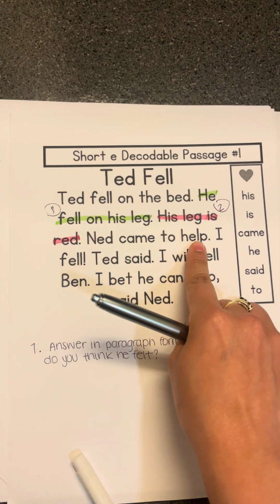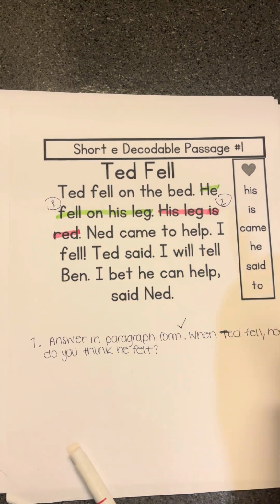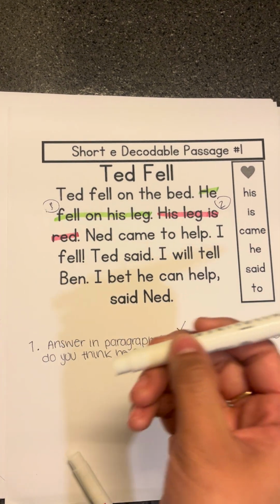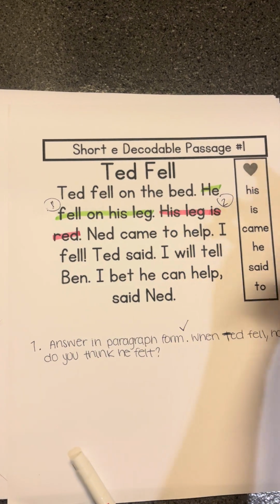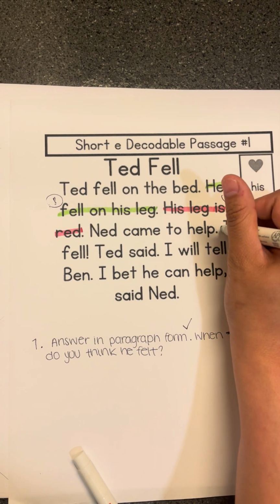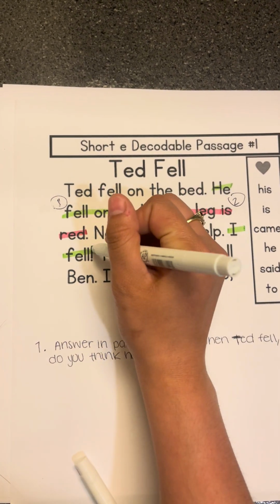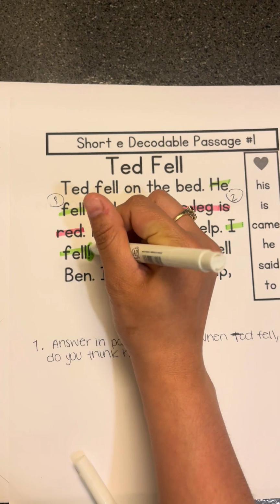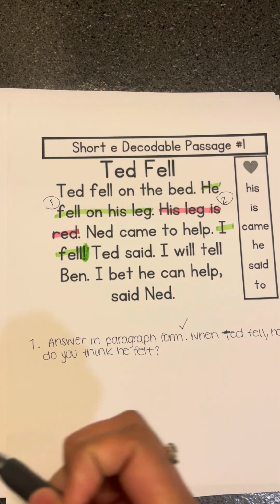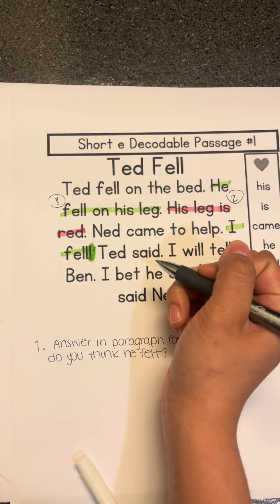Ned came to help. I fell. I can use either green or red, but I'm going to use green again. I fell. And he used an exclamation mark, meaning he is yelling or excited.